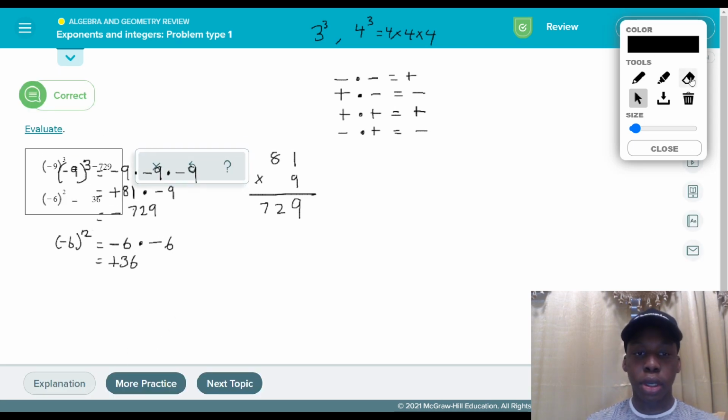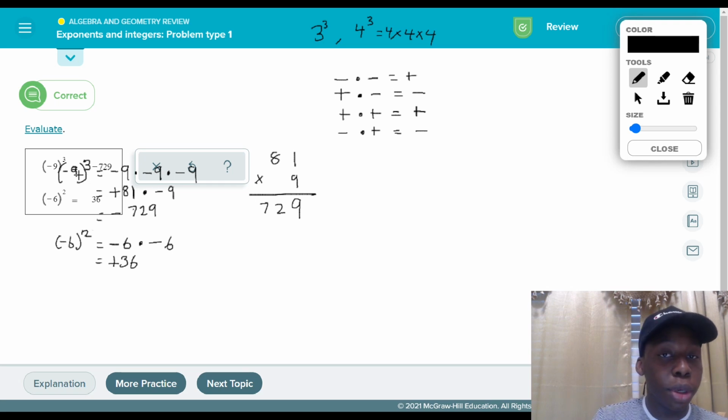Let me do a quick recap on what I did. I identified the exponent, which here was 3. The exponent is basically the power. I used the exponent as a counter to tell me how many times I need to multiply the number by itself.